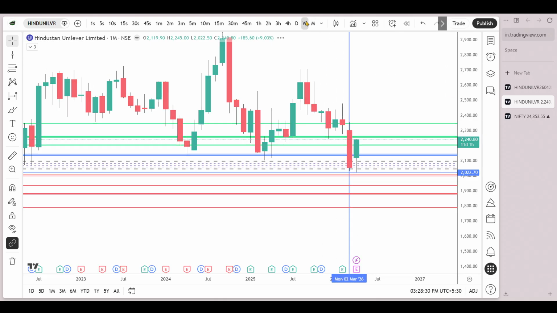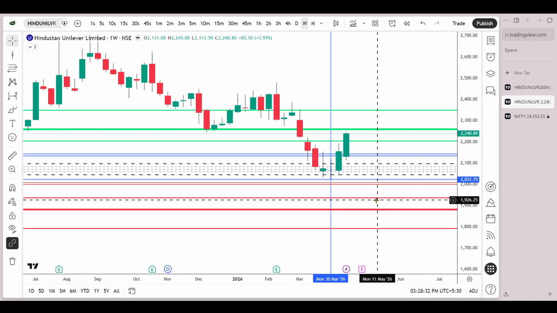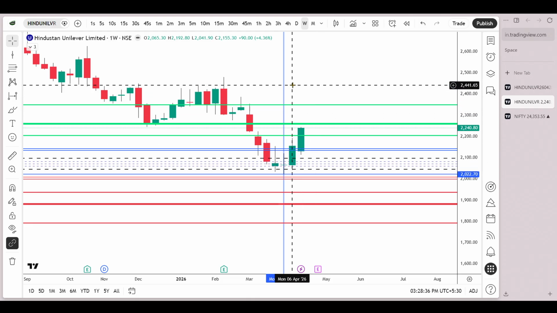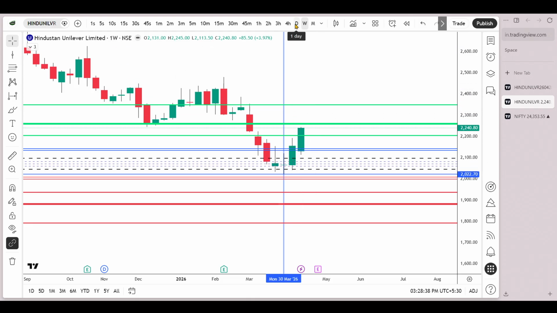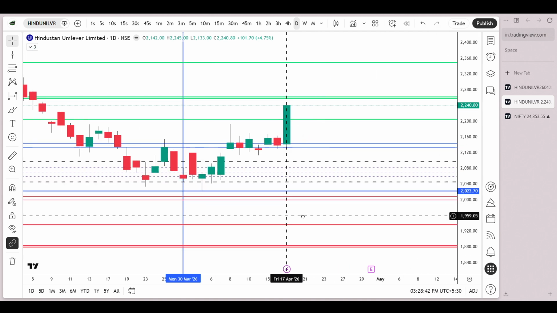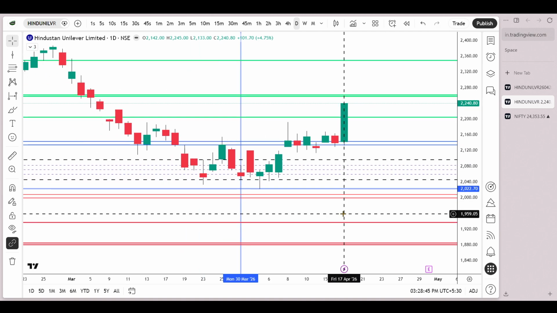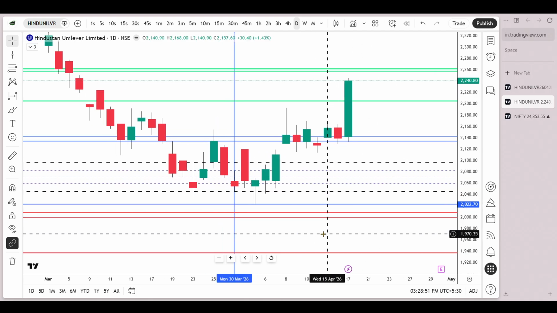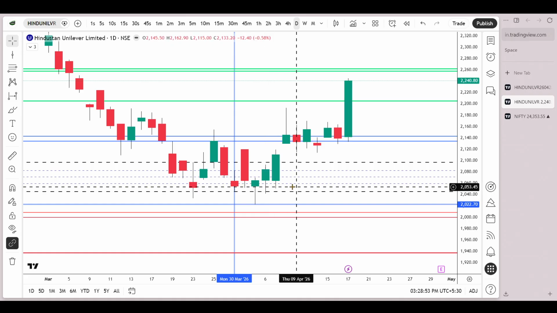Now come to the weekly time frame. I already discussed the confirmation with you. Now directly go to the daily time frame. Next thing we need to follow is retracement, whether retracement happened or not.